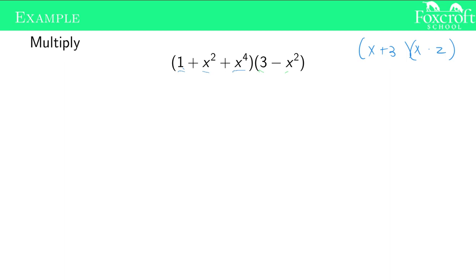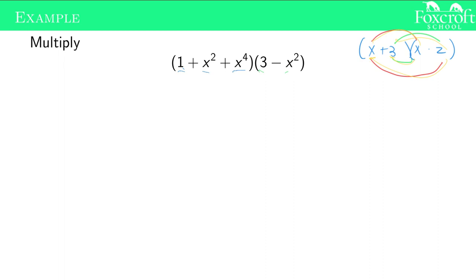You do first and outer, and then inner and last. And you look at this x term goes to both of the terms in the second part. This 3 term goes to both of the terms in the second part. So really you're just doing the distributive property twice, in a convenient way to help you memorize what's happening, which ones you've already done. But we're going to use the same idea here.